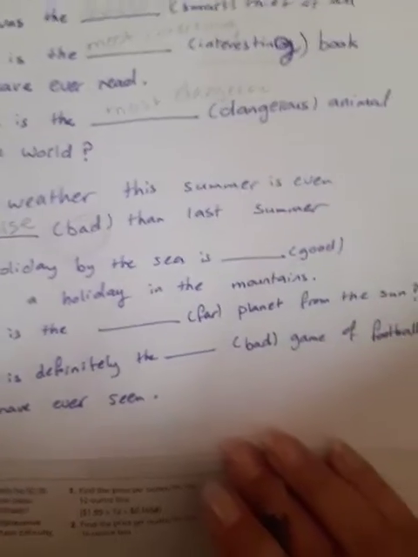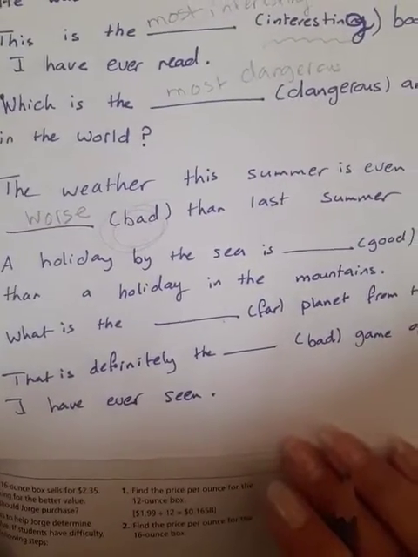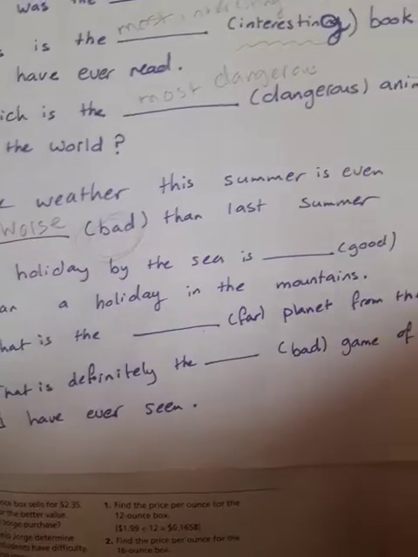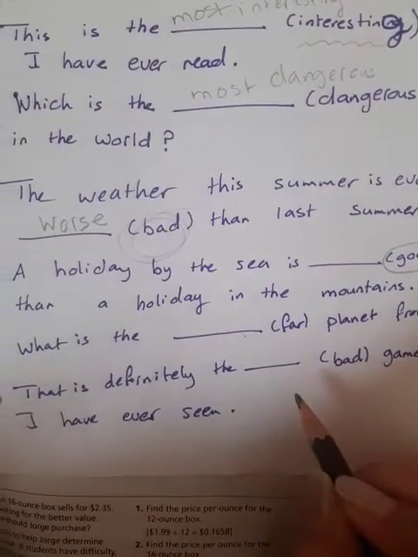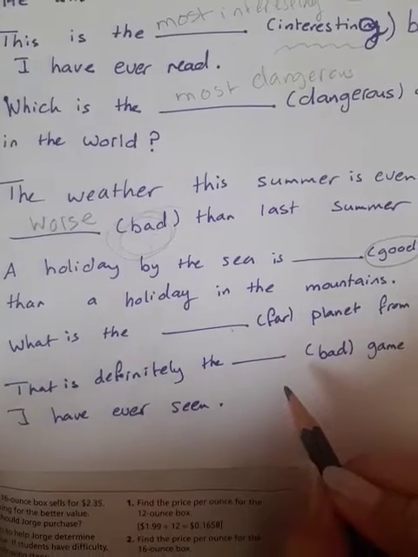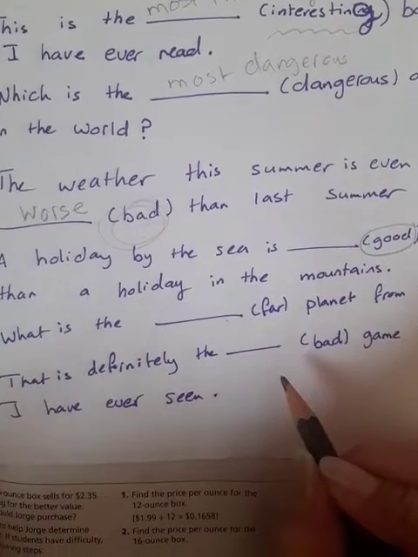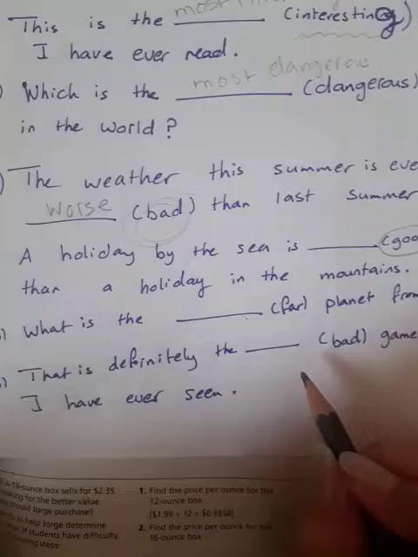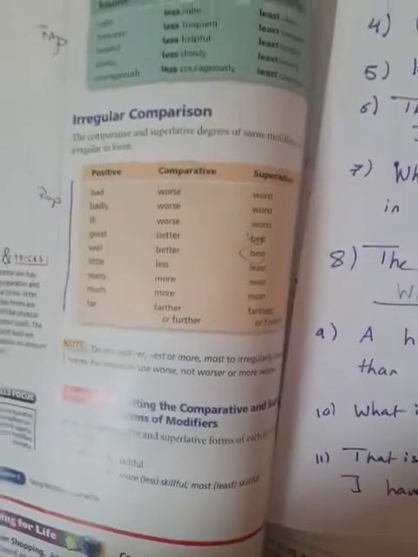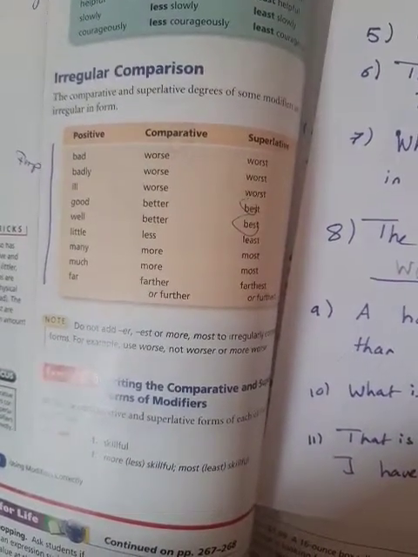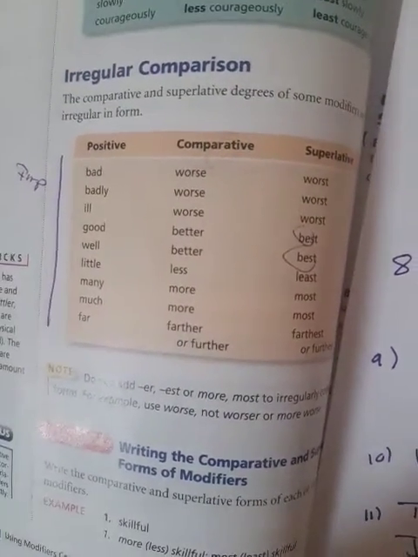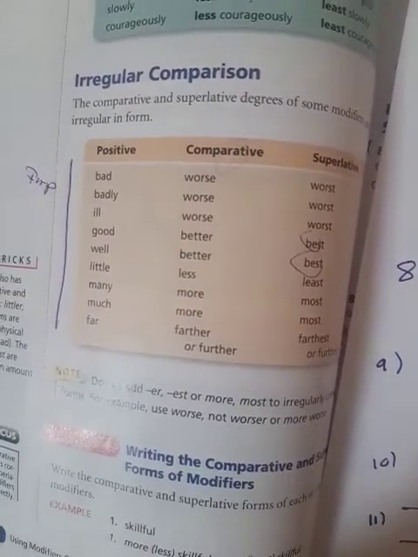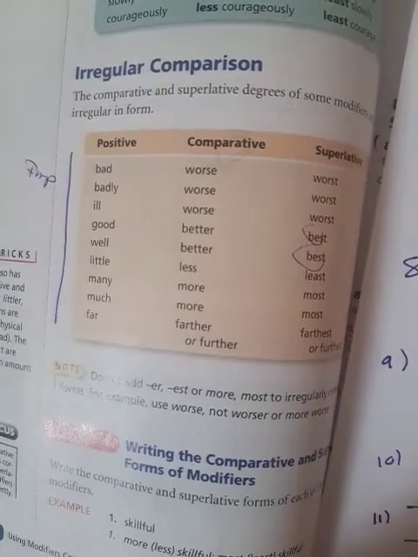Okay, now let's move to statement number 9. A holiday by the sea is good than a holiday in the mountains. Now, you have here the adjective good. Some students will say, oh, of course, it will be gooder. Of course not. It's wrong to say that. So you have to go back to the chart on page 266, guys, and move to the word good. Good in comparative will become better, in superlative will become best.